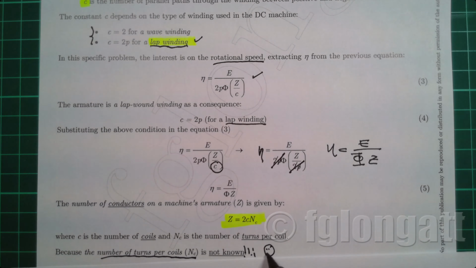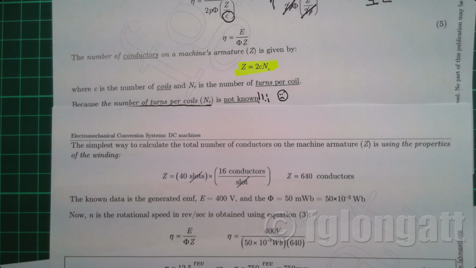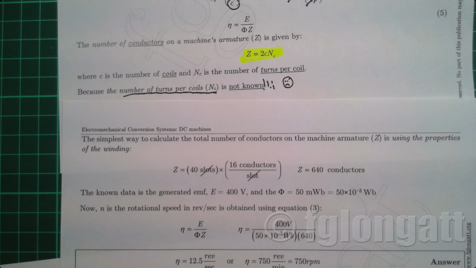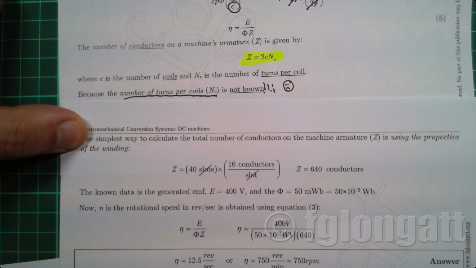So in this case we need to be engineers, we need to be clever, and use basic knowledge and understanding of conductors and the armature. What I will do is something very simple. I don't know the number of coils, but I can use very simple logic.